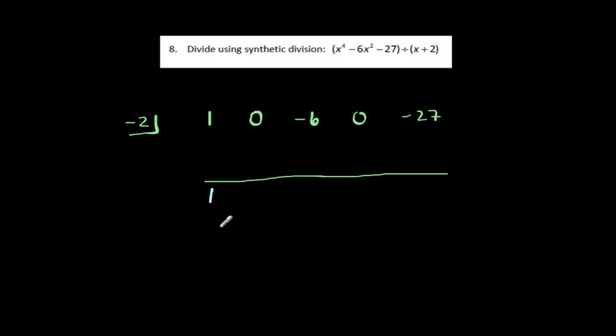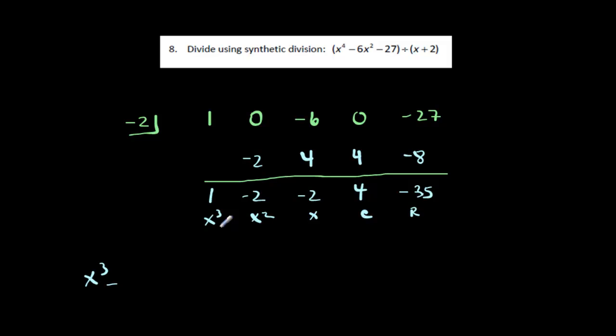Drop the 1, multiply, add down, multiply, add down, multiply, add down, multiply, add down. So there's our remainder, our constant, our x squared, and x cubed. So our answer is x cubed minus 2x squared minus 2x plus 4 with a remainder of negative 35.